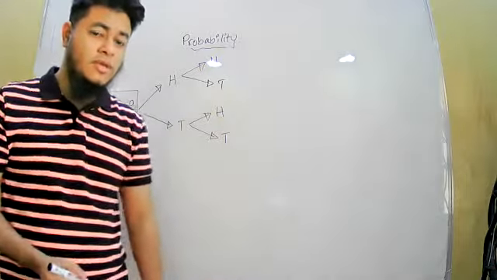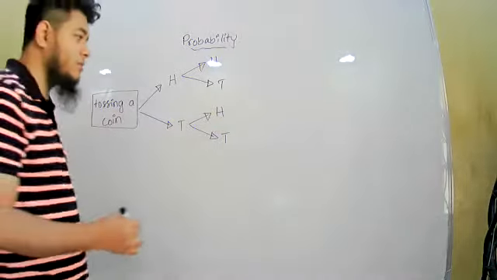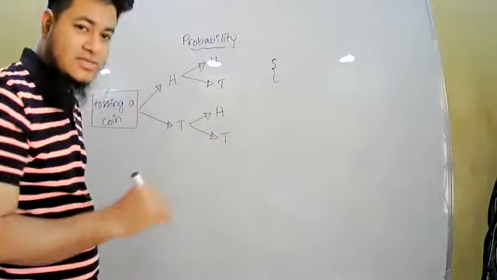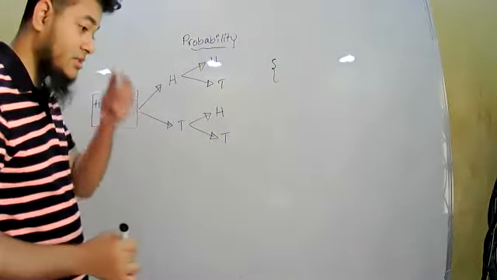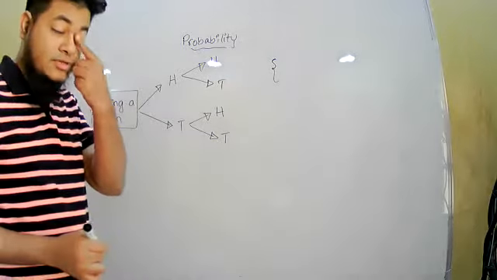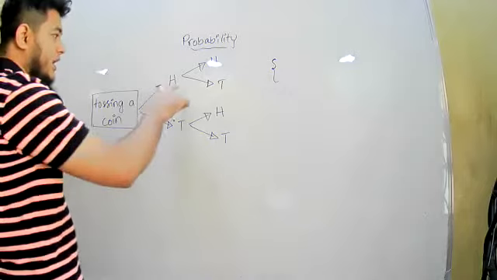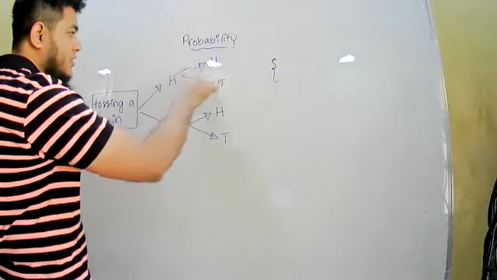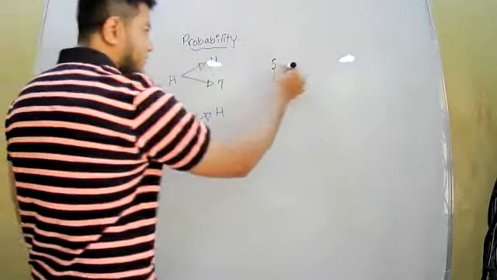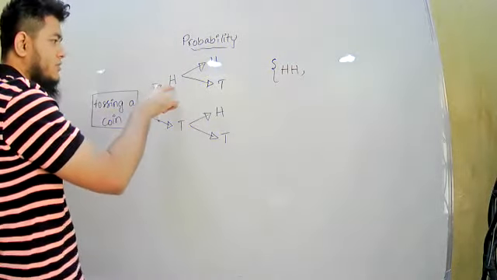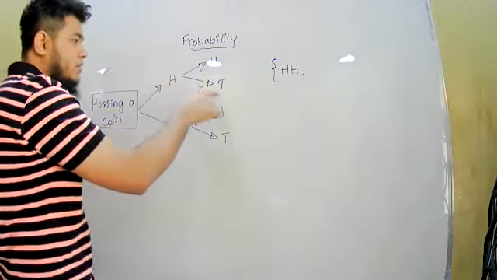We have to make a sample space. If you remember, if I write all the outcomes within a set, then that is called the sample space. So how can we do this? See, H and H. It is possible that both times we got head. So HH. It is possible that first time you got head, second time you got tail.